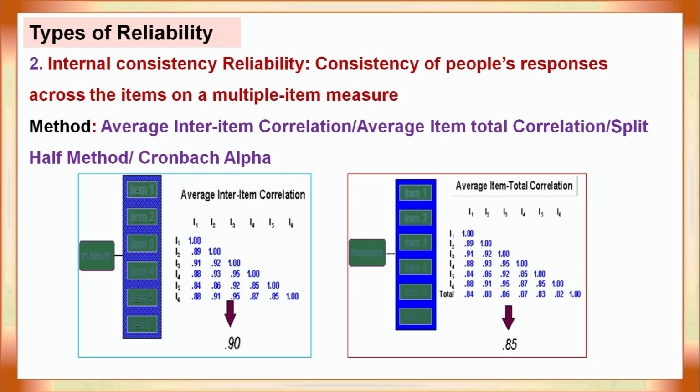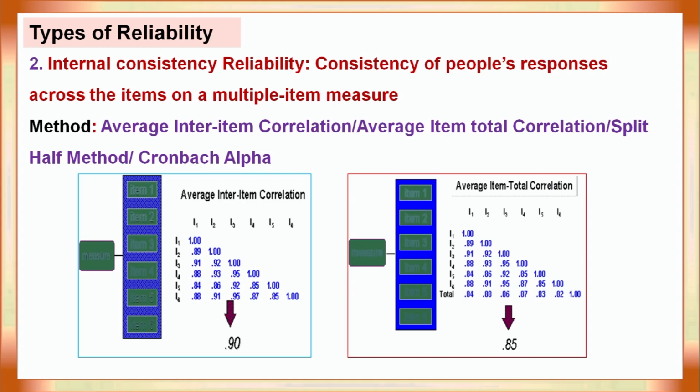What are the methods to find out internal consistency reliability? There are 4 popular methods. One is average inter-item correlation, second is average item-total correlation, or you can use better methods like the split-half method and Cronbach's alpha. So, what is average inter-item correlation?